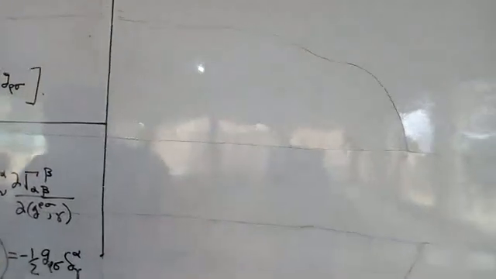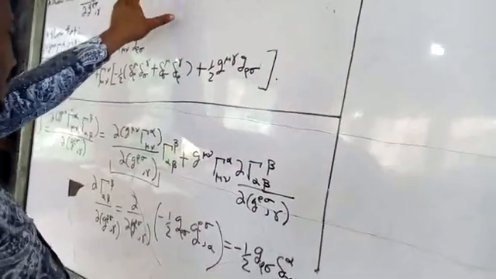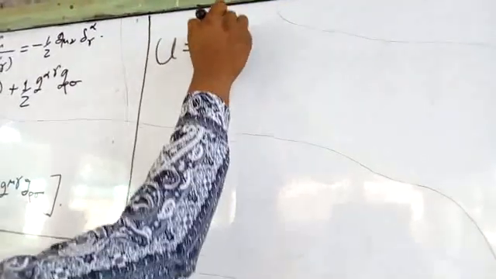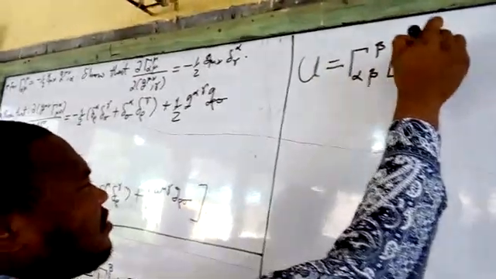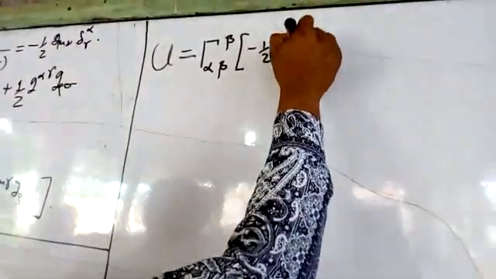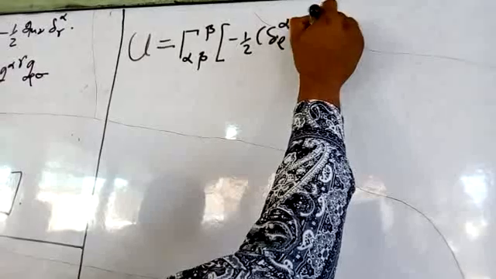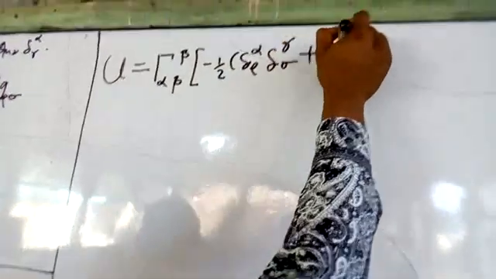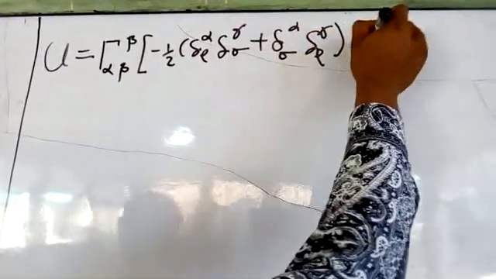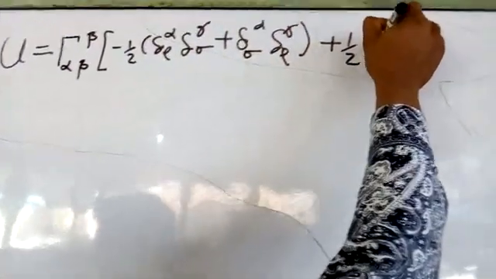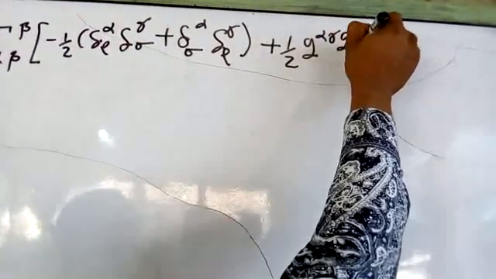So U is equal to rewriting the entire expression that we had for this, which was that, multiplying with this. So I would like to write this first, alpha, beta, beta. Then what I'm going to have in bracket will be minus 1 over 2, conical delta alpha rho, gamma sigma, plus sigma alpha, conical delta of rho, gamma, plus 1 over 2 G alpha, gamma, G rho sigma.